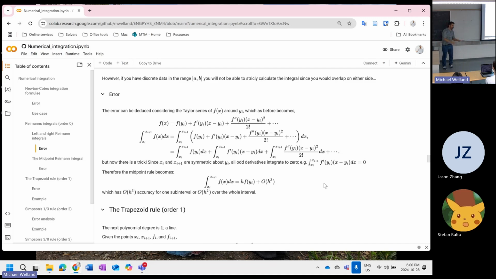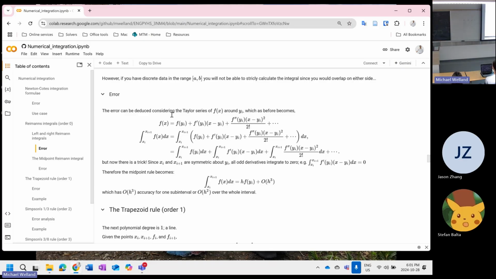The first one is a function value, the first derivative, second derivative, third derivative. If we take the middle point here, then whatever our slope is here is the same as the slope down here. And we can combine that and cancel it out, in which case we gain an order of accuracy.